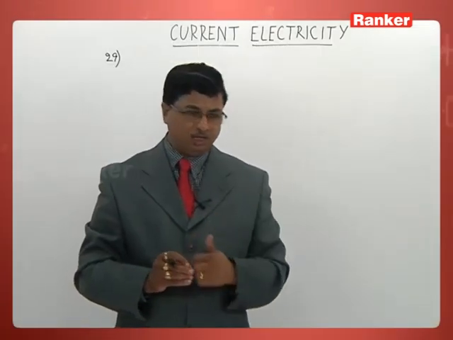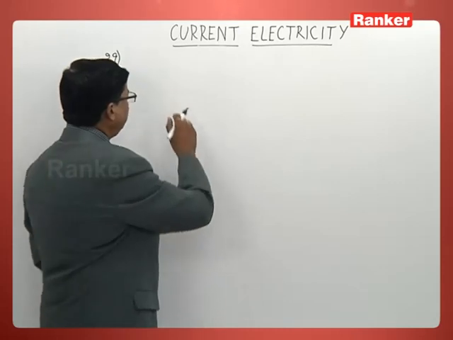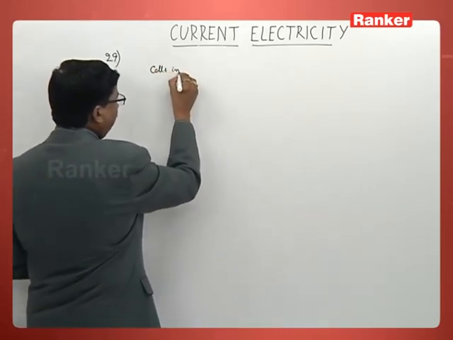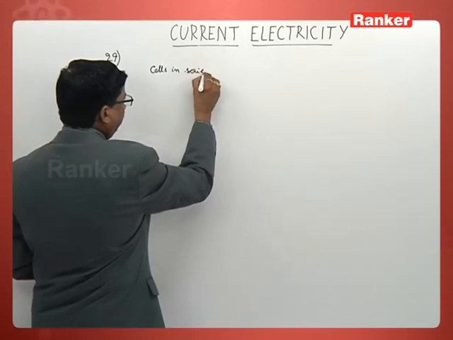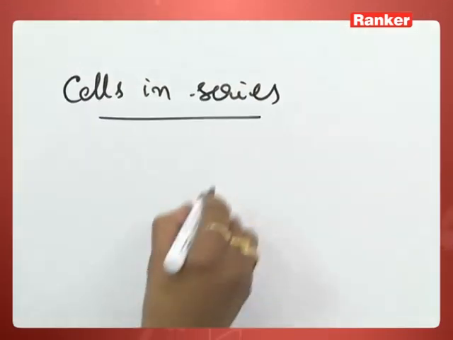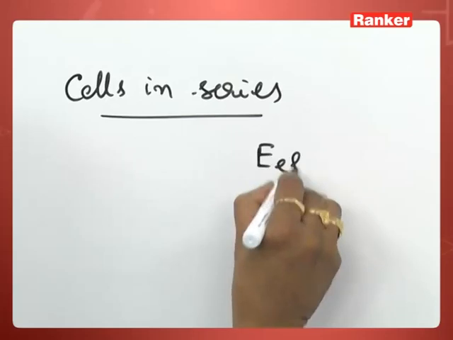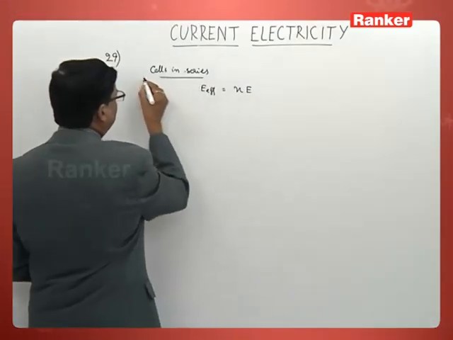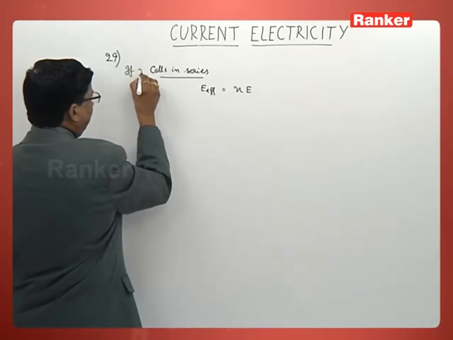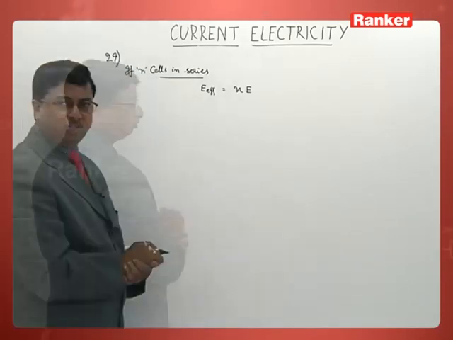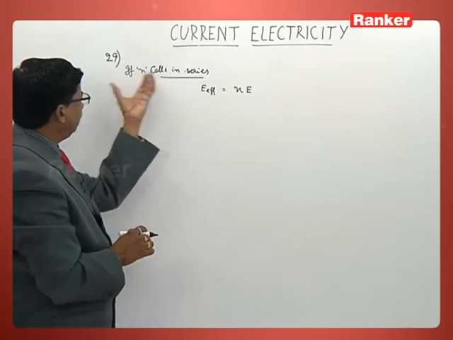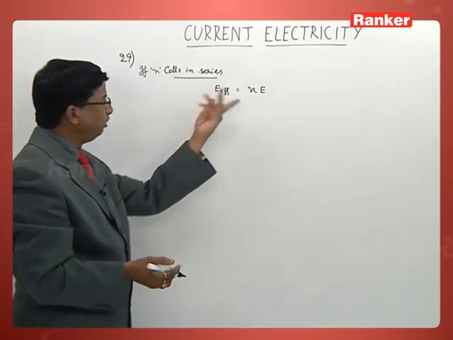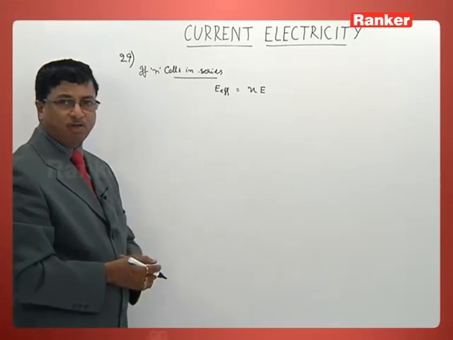But how? Once again, when cells are in series, suppose I consider N cells in series, then effective EMF is going to be N times E. If I take for example N cells connected in series, what would be the effective EMF? N times E. Quite simple to understand.